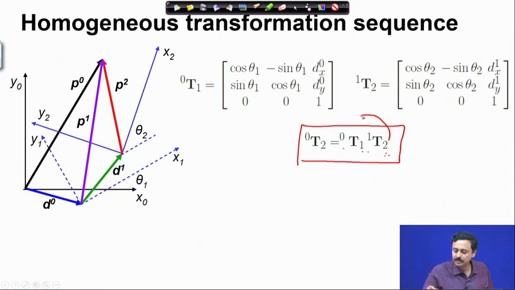So, in order to obtain the homogeneous transformation matrix 2 to 0, I just multiply in a sequence T 1 to 0 and T 2 to 1. In a sequence that gives me transformation from frame 2 to frame 0.